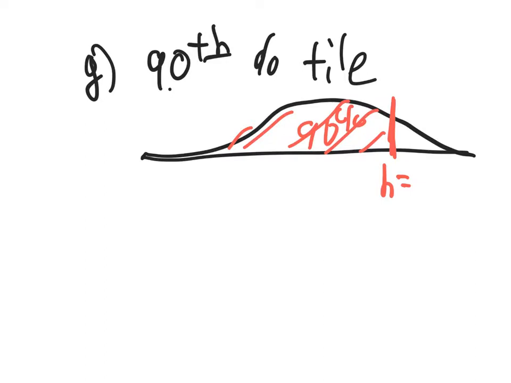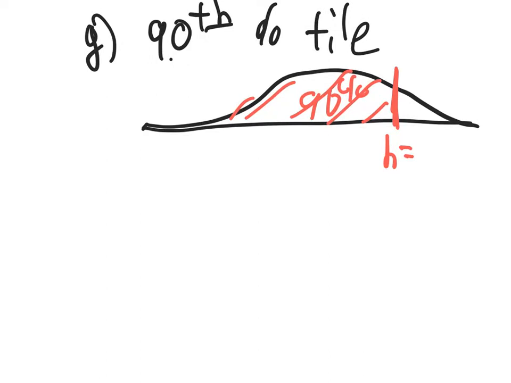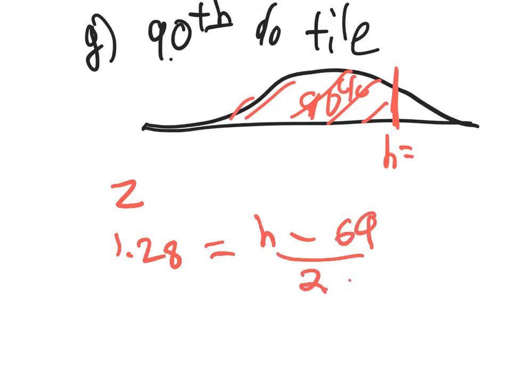So I'm going to do it two ways. First I'm going to go backwards and not use the inverse norm. I'm going to use your z-table. So I have to do the z-score basically, but I need to know what the z-score is for 90%. So I go back to my table. Z is 1.28, which has to equal the height minus the average over 2.5.